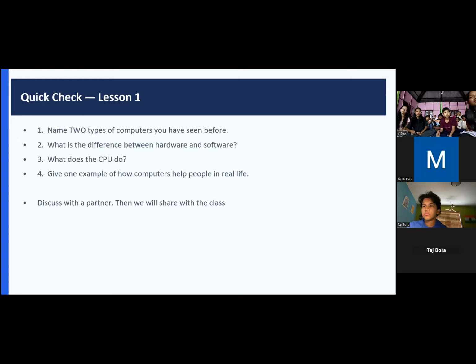Can you repeat again? What does the CPU do? CPU manages works and everything in the computer because CPU is the brain of the computer. Yep, that's correct. So it processes information. It is the brain of the computer. Good job.